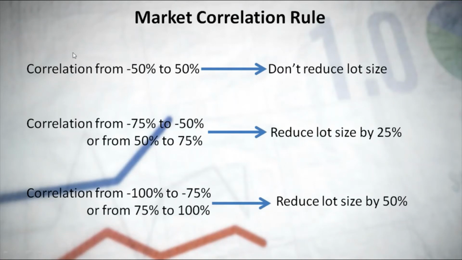So if correlation is between minus 50% to 50%, we don't reduce the lot size of the strategy that trades these two pairs. If the correlation is from minus 75% to minus 50% or from 50% to plus 75%, then we reduce the lot size of the strategy by 25%.